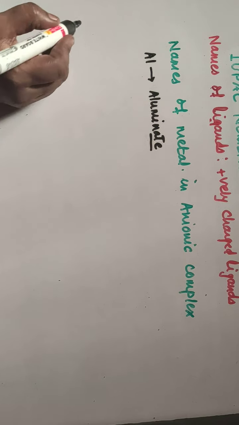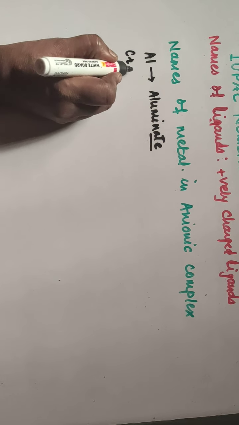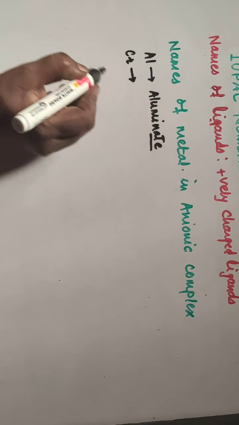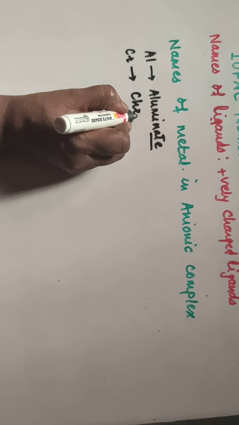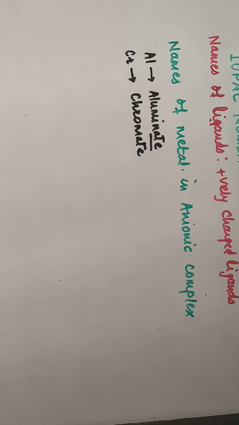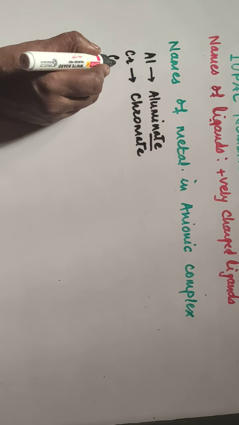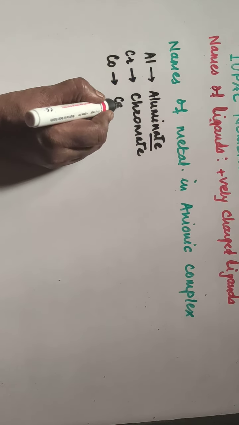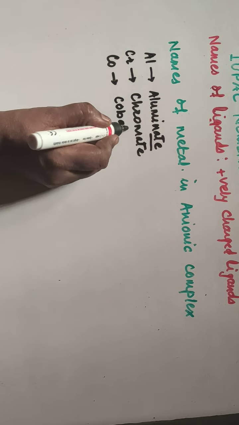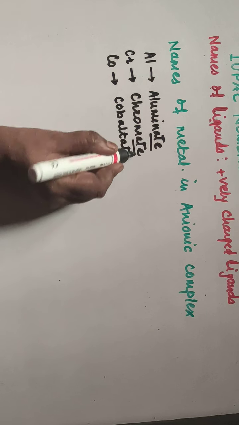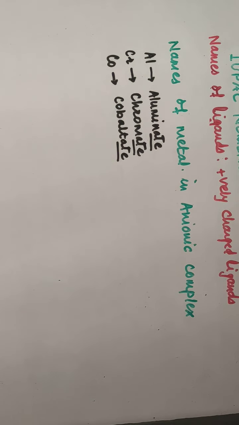Then the next we'll see Cr. Name is chromium, but in anionic complex it is chromate. Then we'll go for Co. Original name is cobalt, but in anionic complex it is cobaltate. Everywhere there is the ATE suffix.